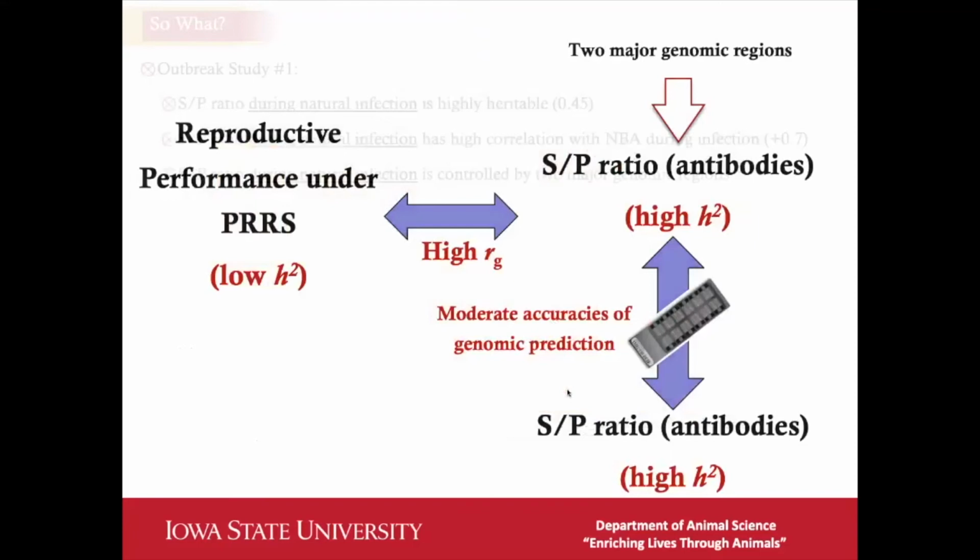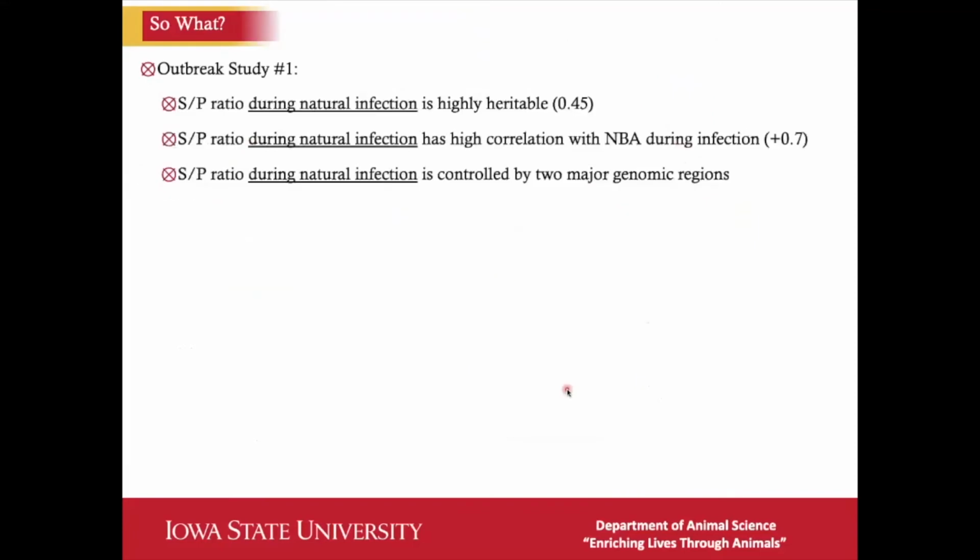So from these two studies, we got two overall understandings of the basis of SP ratio. First, from our outbreak study, during natural infection, SP ratio is highly heritable, has high correlation with number born alive during infection, and is also controlled by two major genomic regions.